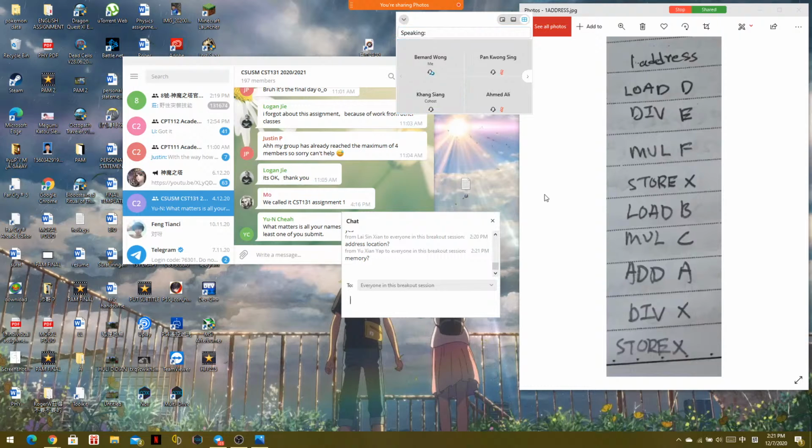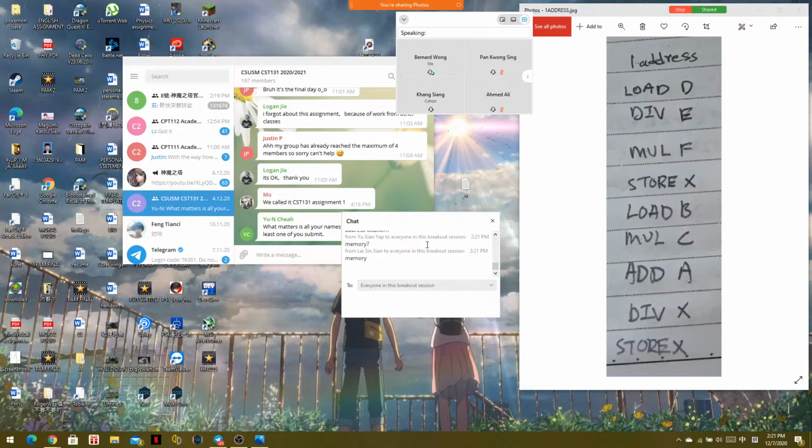Just tell me what component the address belongs to. Yeah, the memory, right? So either it's a register or a memory. One address in the memory, one location in the memory.